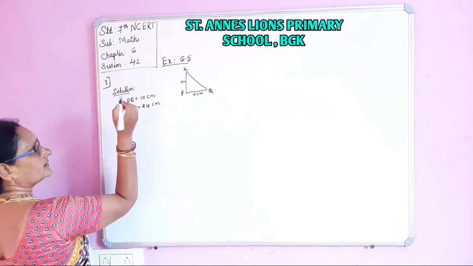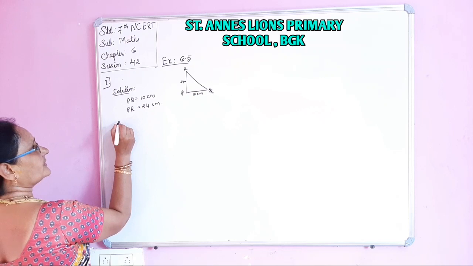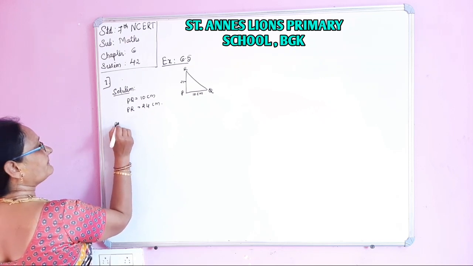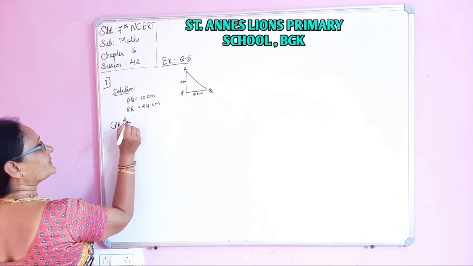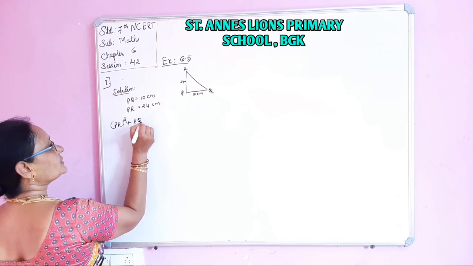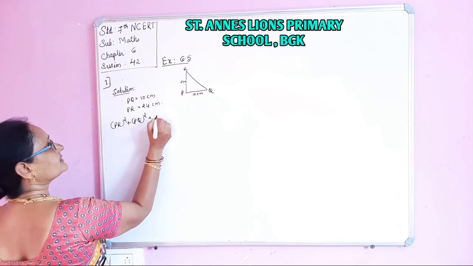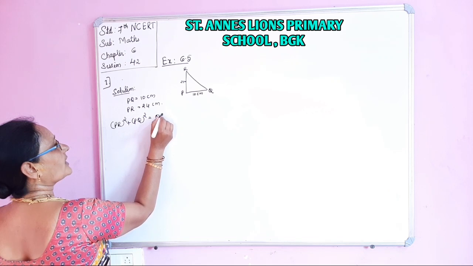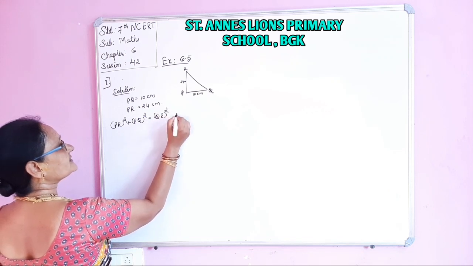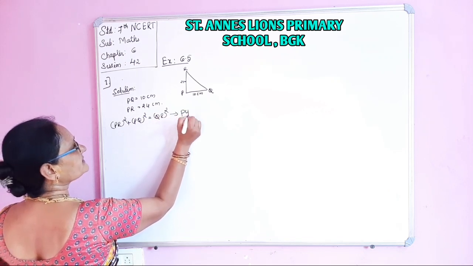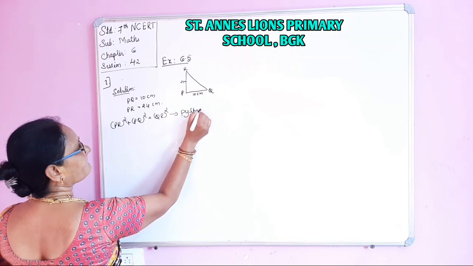So as per the Pythagoras property, what is that Pythagoras property? PR square plus PQ square is equal to QR square. This is nothing but the Pythagoras property.